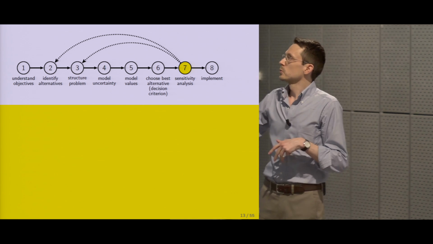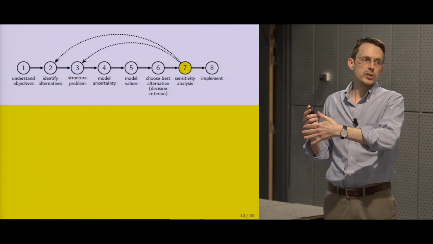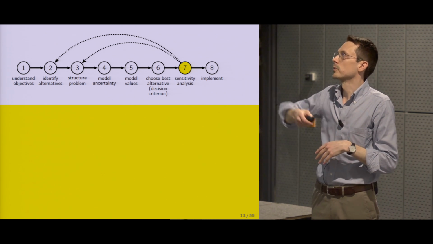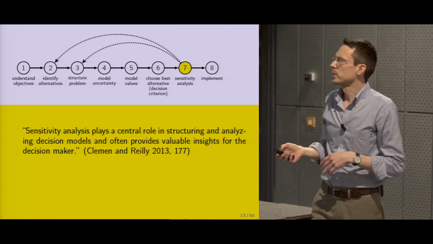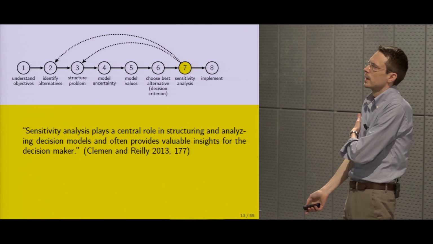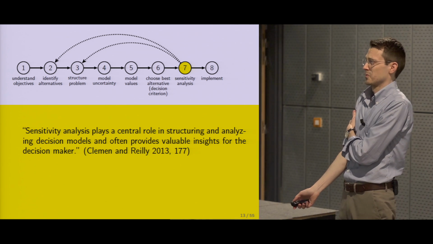So the point is to now investigate, if you change those a bit, how does that change the analysis that you've done so far? Does it change the way that your options have been ranked, for example? Here's a textbook introductory statement about it. Sensitivity analysis plays a central role in structuring and analyzing decision models and often provides valuable insights for the decision maker.